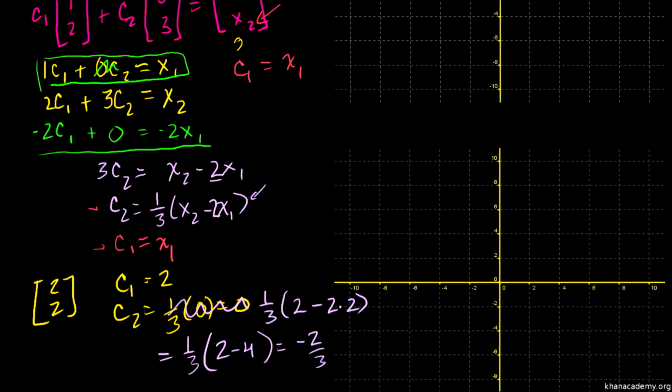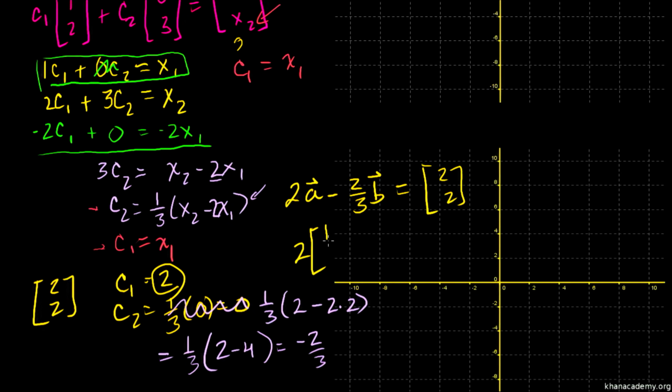So if I multiply 2 times my vector A minus 2/3 times my vector B, I will get to the vector 2, 2. And you can verify it for yourself: 2 times my vector A, 1, 2, minus 2/3 times my vector B, 0, 3, should equal 2, 2.